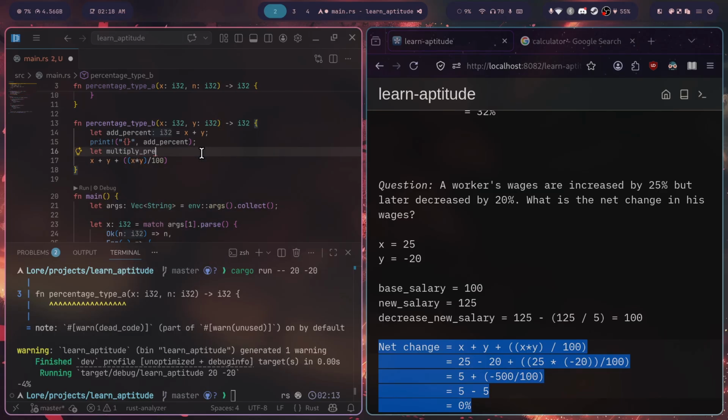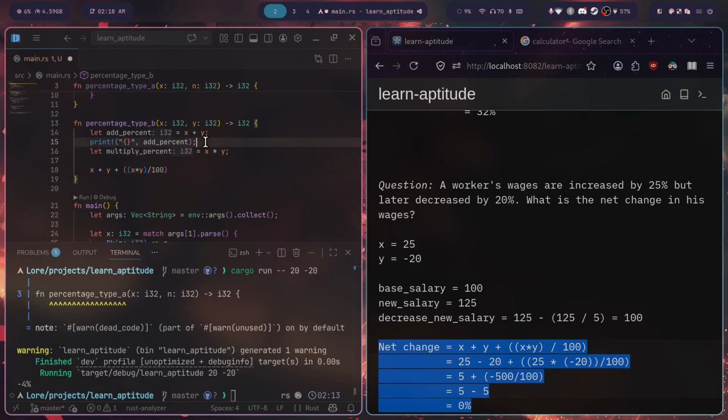Multiply percent, x into y, so it should lead to x into y. So multiply percent is there, I can pass that also. Instead of print I will do println.